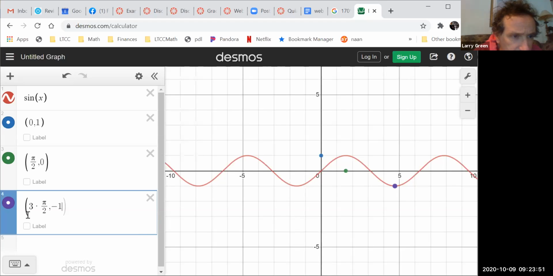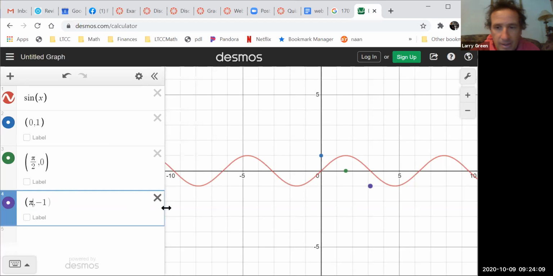Wait, sorry, I made a mistake there. That wasn't 3 pi over 2. That was pi. So -1 is not at 3 pi over 2. That point is at pi. Pi comma -1. Any questions so far? Now at 3 pi over 2, that's here. That's horizontal, so that's 0.